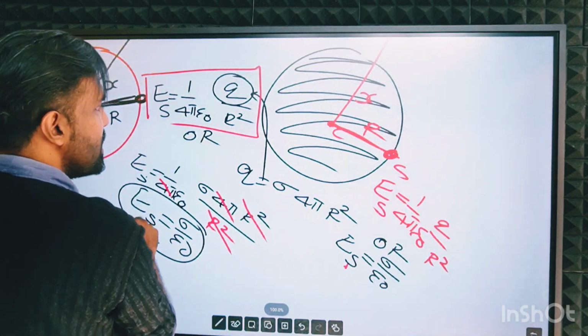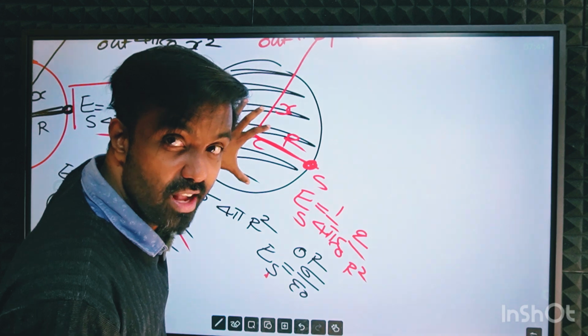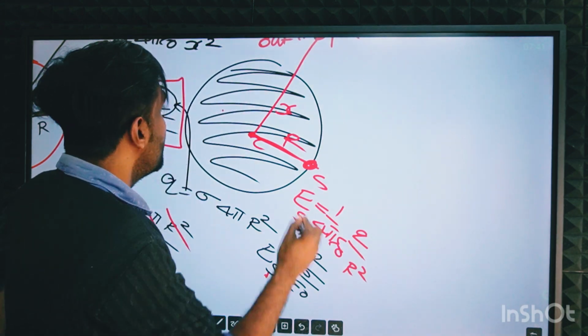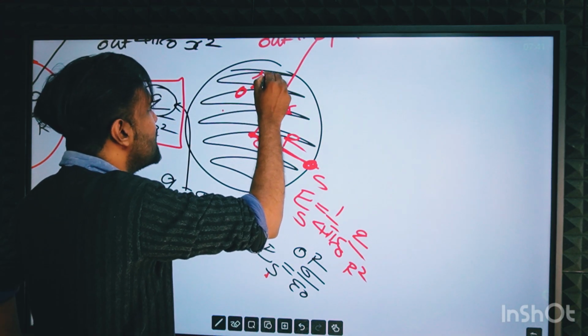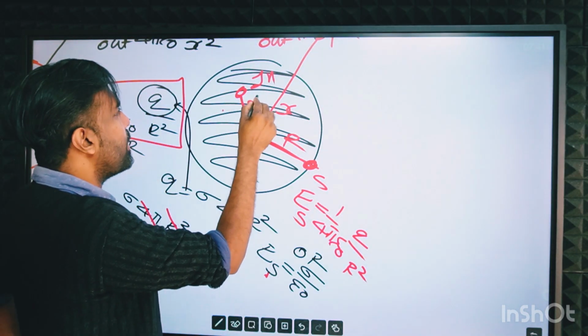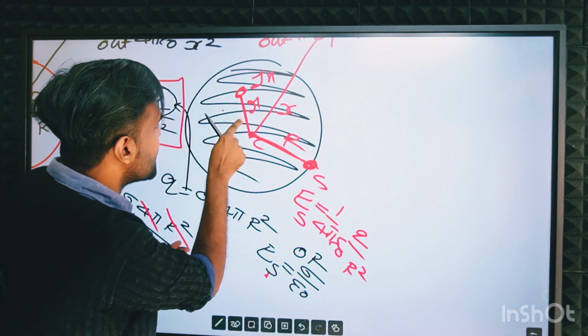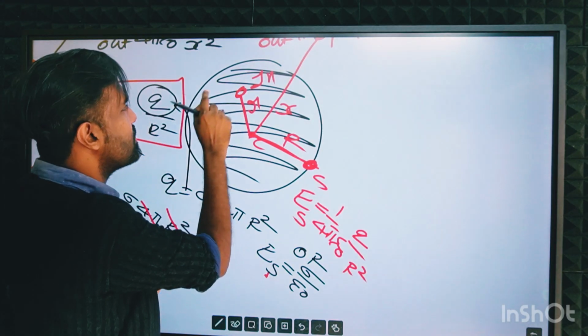But here we have a charged solid sphere. So inside, let's imagine a point which is at a distance of small r from the center.